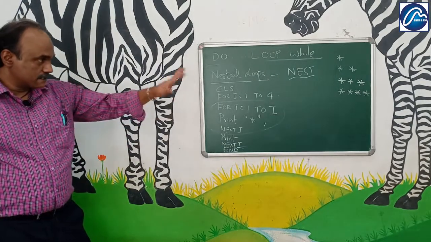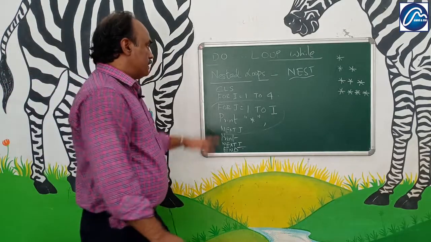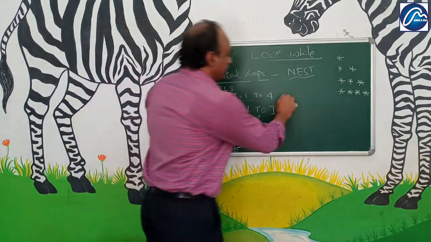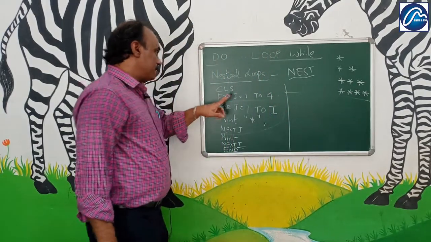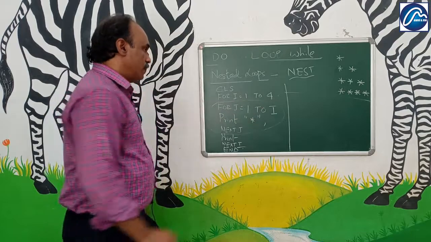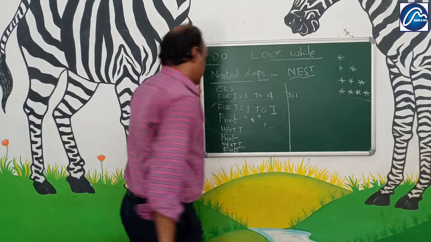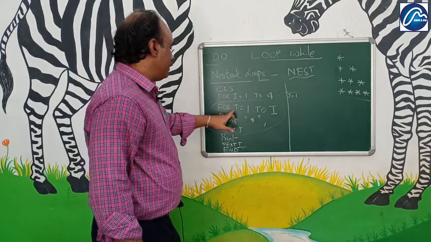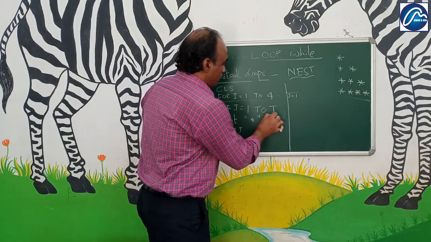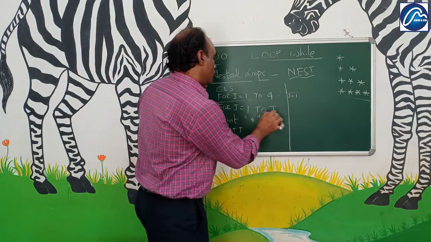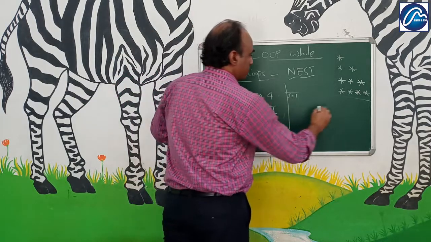So how this program runs, when you run the program, how it works, I will tell you. CLS, the screen gets cleaned. You are getting a fresh screen there. I = 1 to 4. I has taken the value 1 first. J has taken the value 1 to 1, because I is 1, J = 1 to I. So the value of J will be 1 to 1. It is 1 print. So what happens?